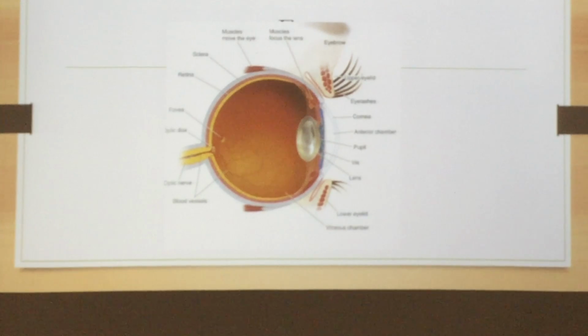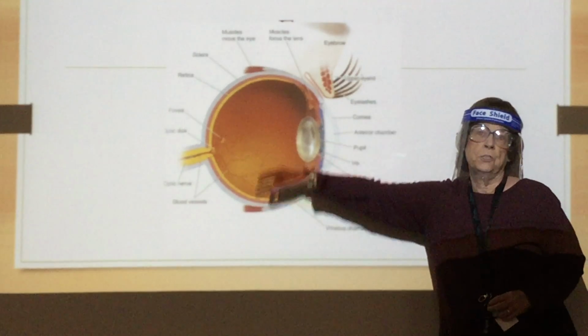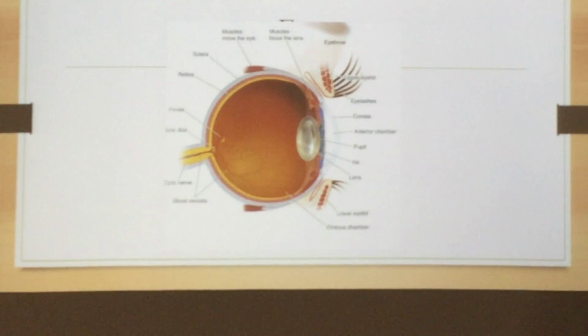Now, something else I was going to tell you. Oh, the aqueous humor and the vitreous humor has two functions. They help to give shape to the structure that they are occupying, and they also furnish nourishment.